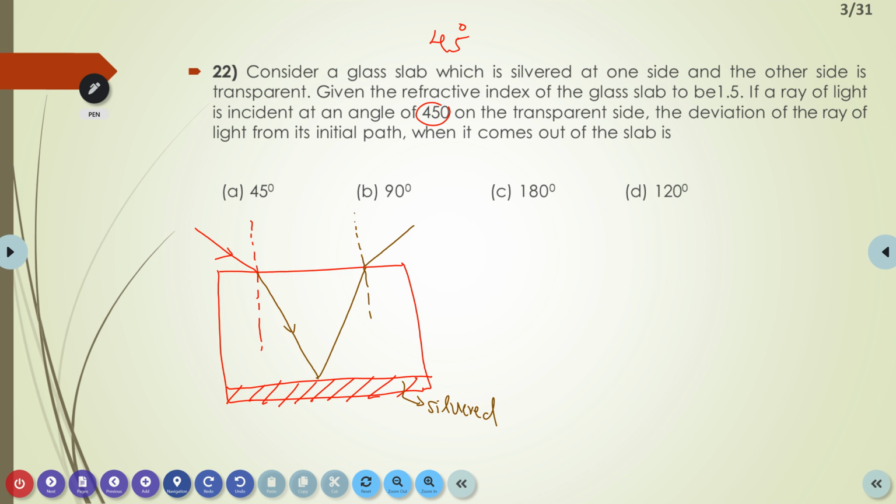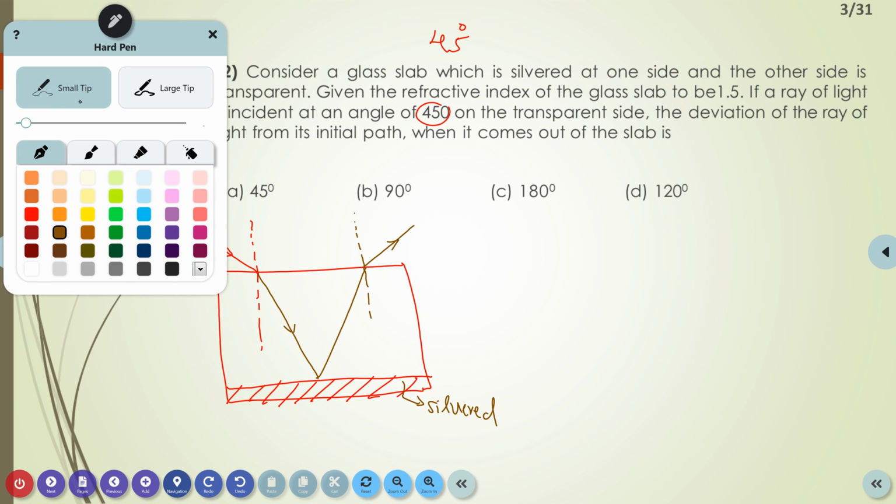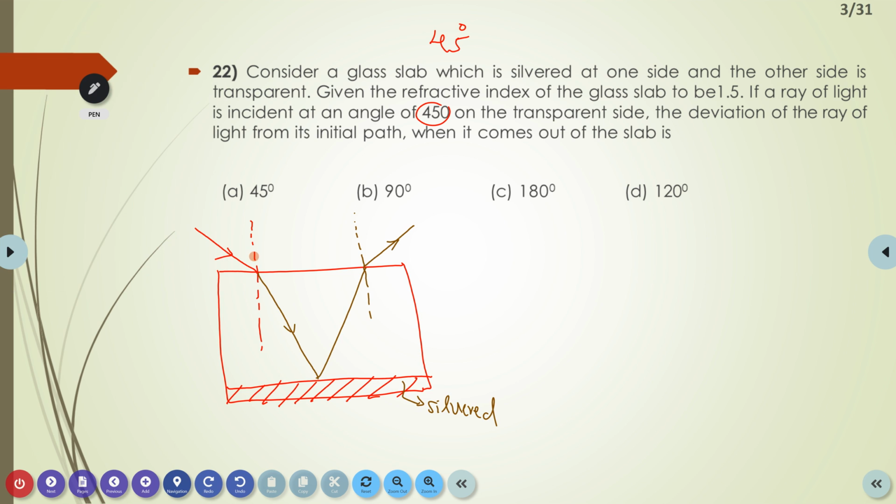Again refraction is produced. Here this angle is 45 degree, and this angle is also 45 degree, from the path of reversibility. Suppose this glass slab is not present, the ray would have traveled like this.